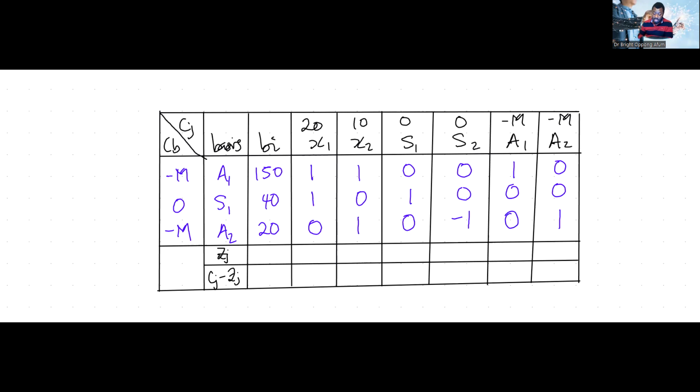All right, so we solve for this, which, as usual, is negative M times 150 plus negative M times 20 plus 0 times 40.